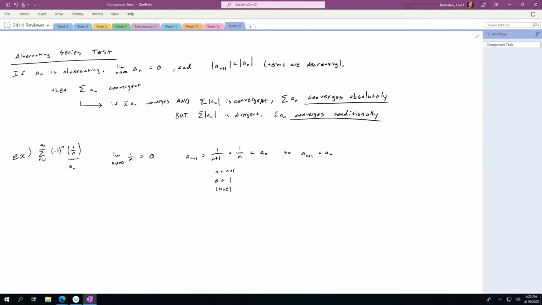Another common way you can show that terms are decreasing is by using the derivative. So if I said, well, the derivative of 1 over n is equal to the derivative of n to the negative 1, so minus 1 over n squared. n squared is always positive, so my overall derivative is negative.